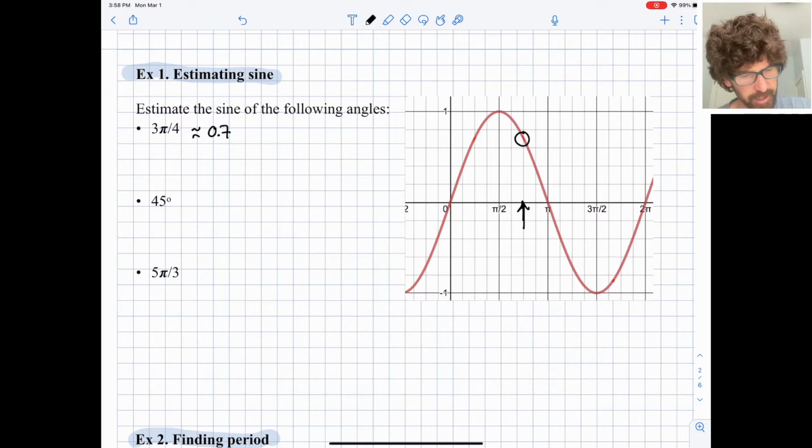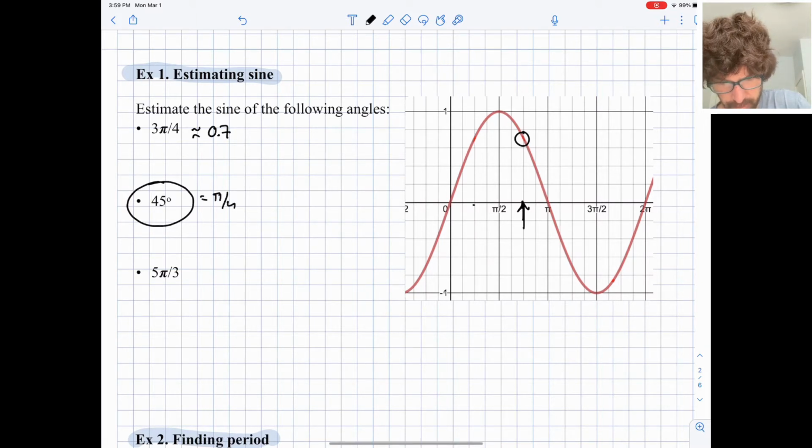What if we wanted to find the sine of a 45-degree angle, and we just had a graph to work with here? So 45 degrees is equivalent to pi over 4 radians. So that looks like that point right here that I just marked off. And because of the symmetry of the sine wave, it looks like it's going to be equivalent to the 3 pi over 4 value that we came up with.